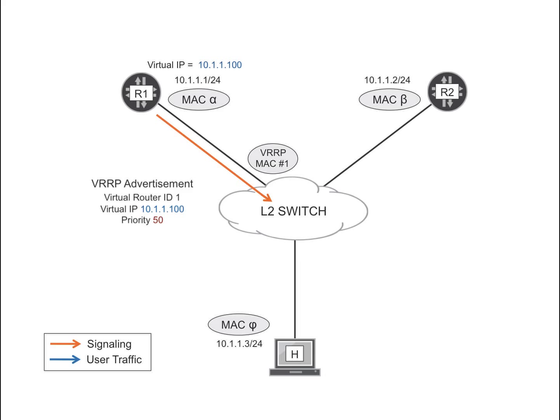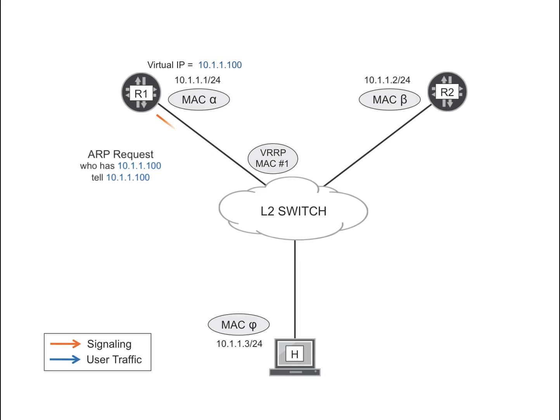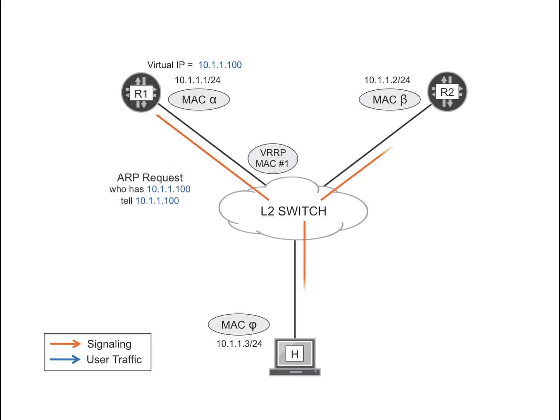These virtual IP and MAC addresses are both unicast. You'll see the rule in action later on. Then router 1 sends a gratuitous ARP request, and the other hosts in the LAN update their ARP cache. Yes, it's an ARP request and not an ARP reply.